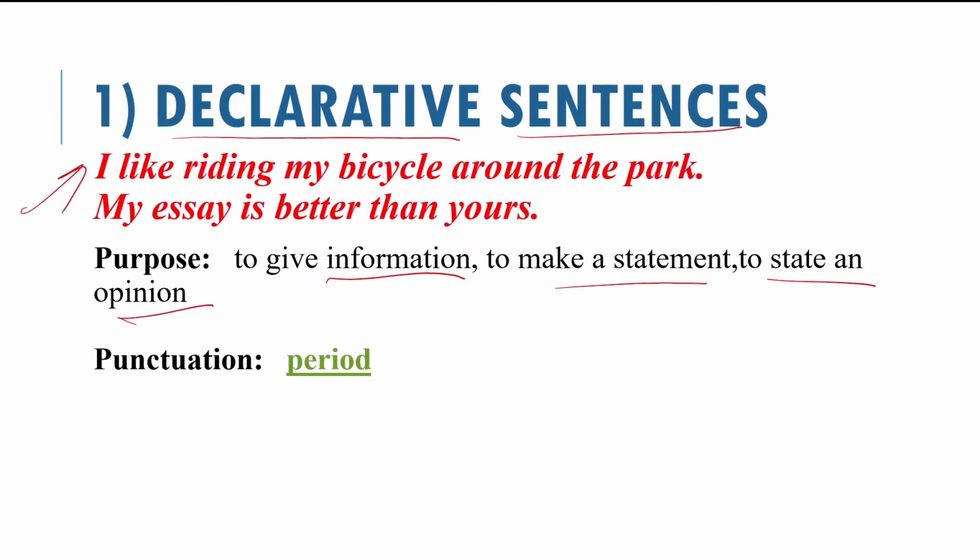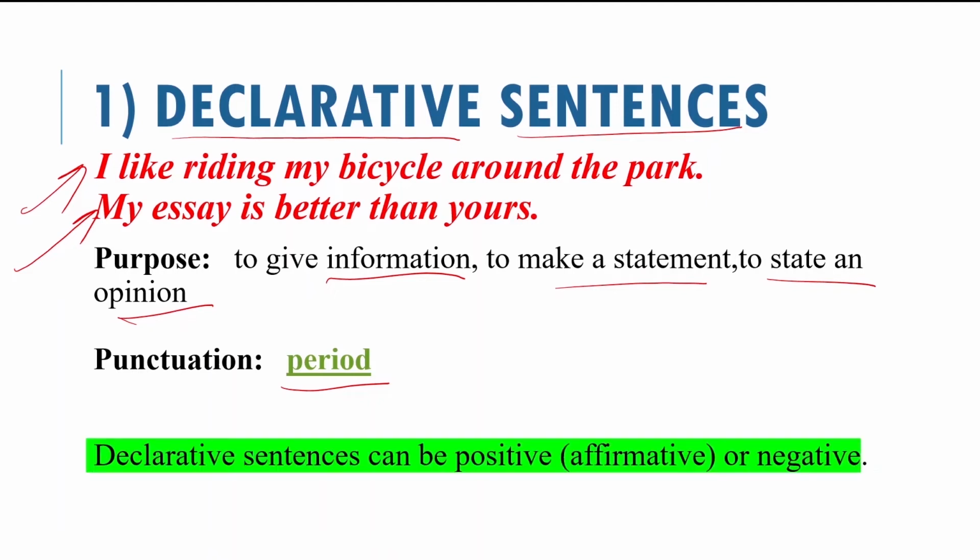In the first sentence, I like riding my bicycle around the park, is to make a statement. It comes under this category. My essay is better than yours is an opinion. Punctuation which we use in declarative sentences is period. These sentences always end with a period. Actually, these kinds of sentences tell the reader something without excitement or strong emotions.